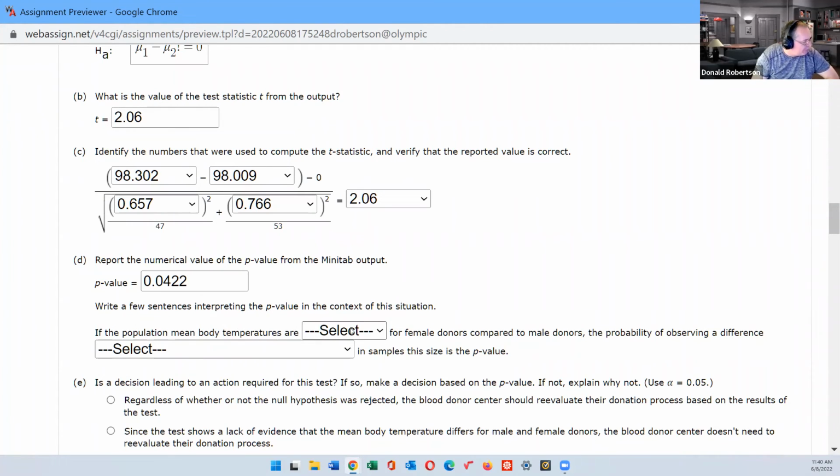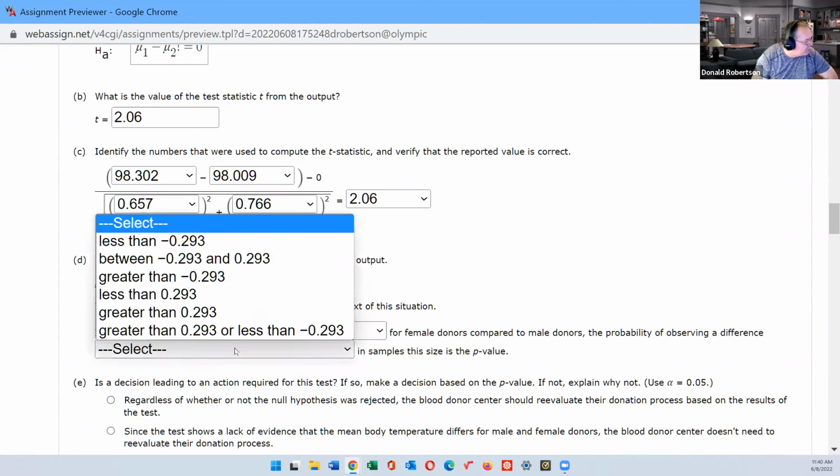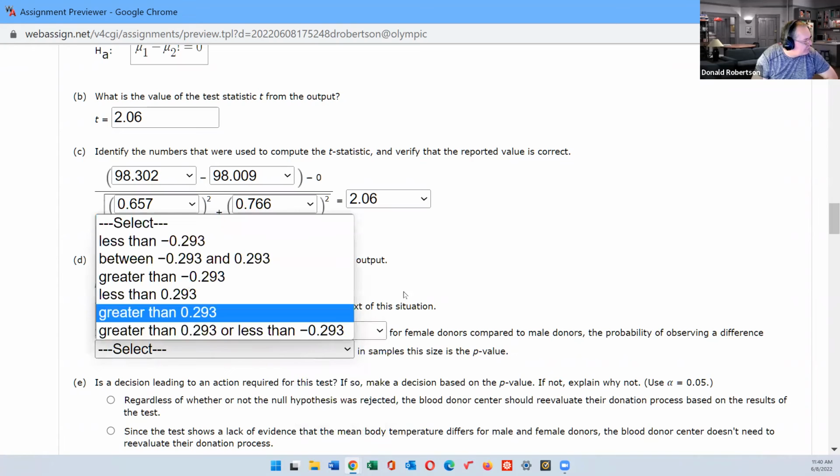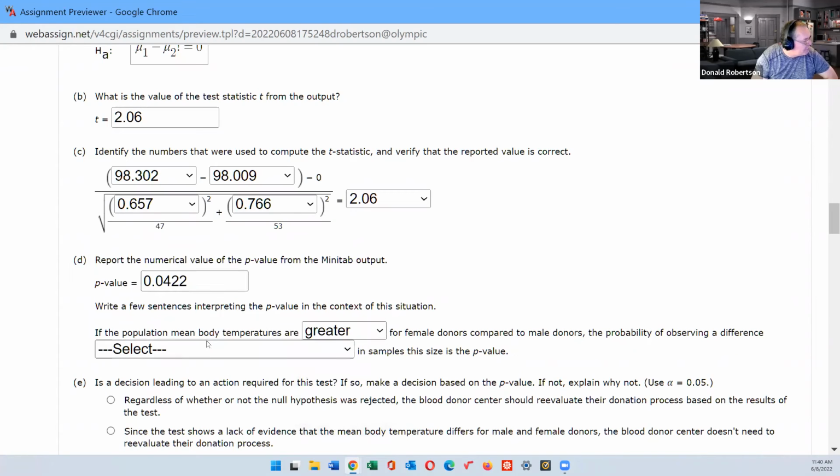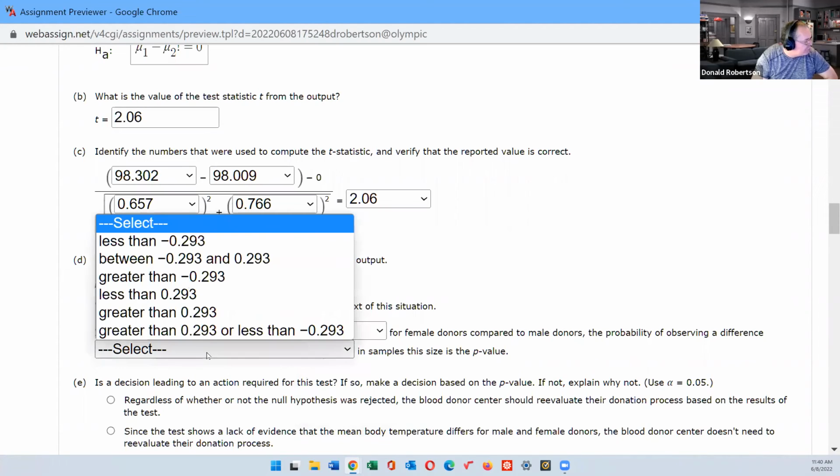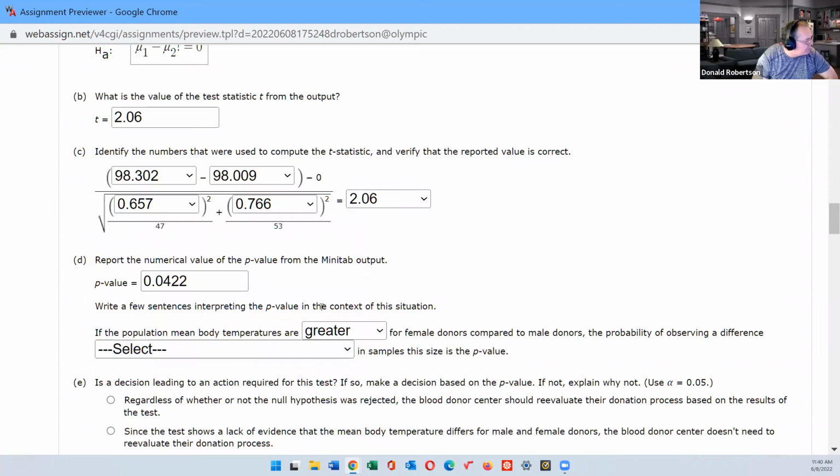So if the population mean body temperatures are for female donors compared to males, well, they're greater. The probability of observing a difference is the p-value. So where's the 0.04? Where's that coming from? Probably observing a difference.